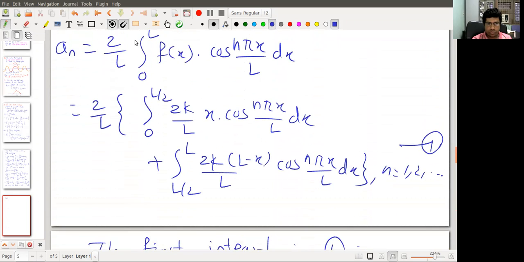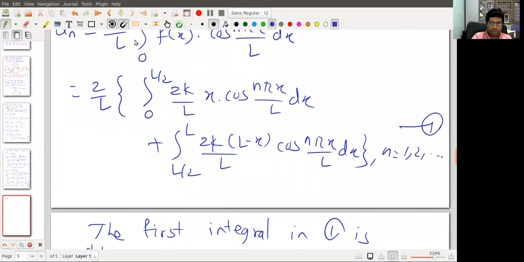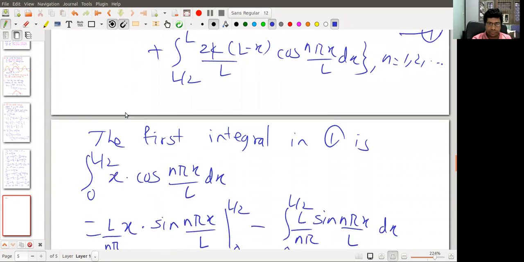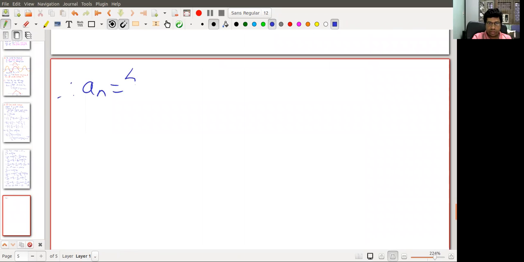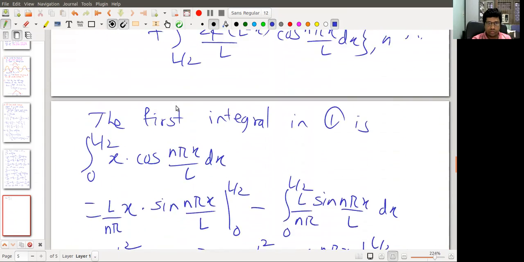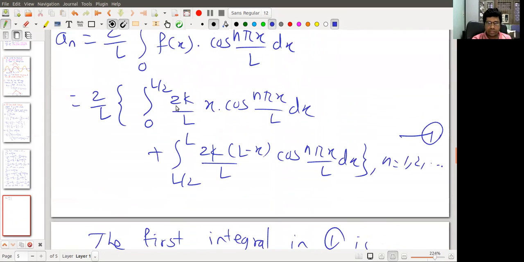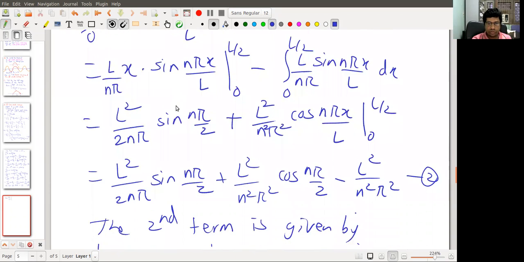So from 1 we have an equal to, okay, so this 2k by L we take outside, so that we have 4k upon L square, and now integral x into cos n pi x by L, this is by 2.